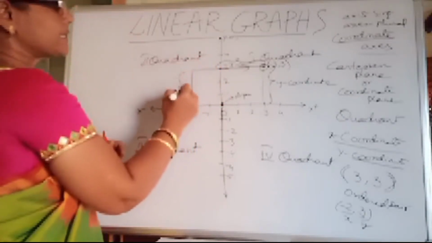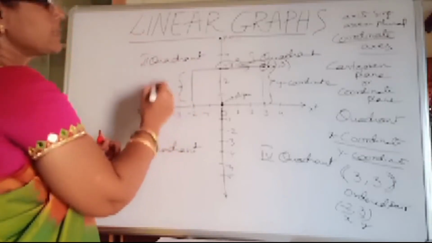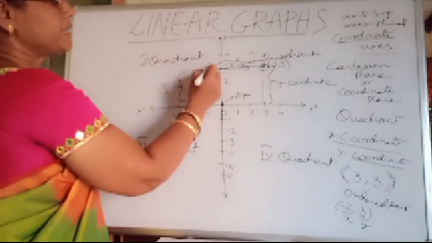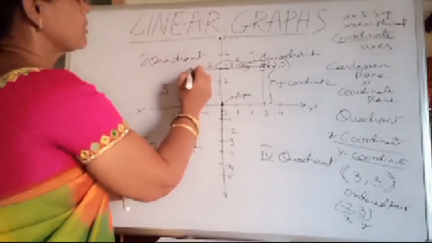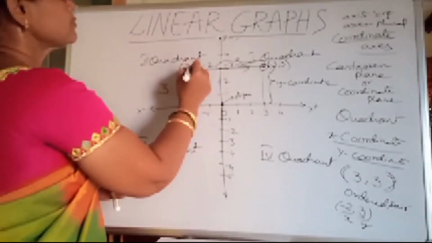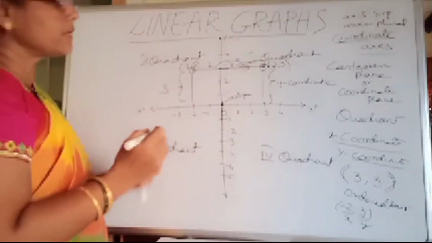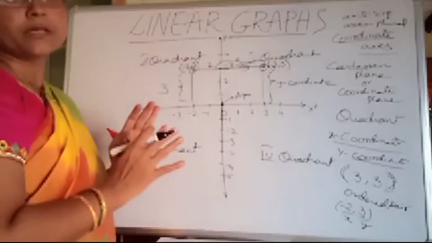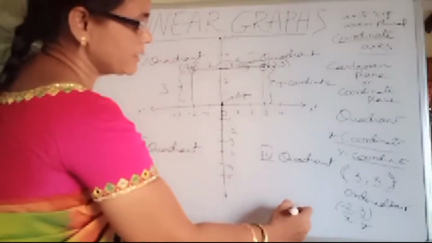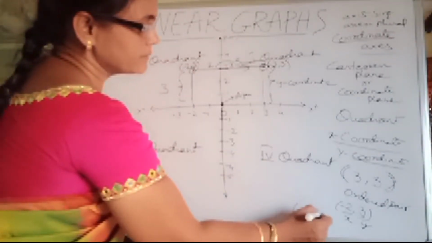The vertical distance is 3 units, and the horizontal distance is -2 units, which means left of 0. So we write the point coordinates as (-2, 3). The point lies in the second quadrant. Similarly, the point (-2, -3).